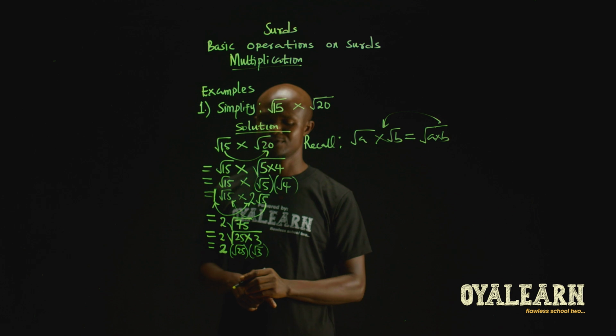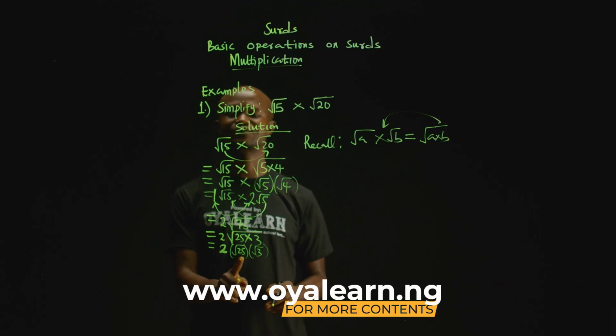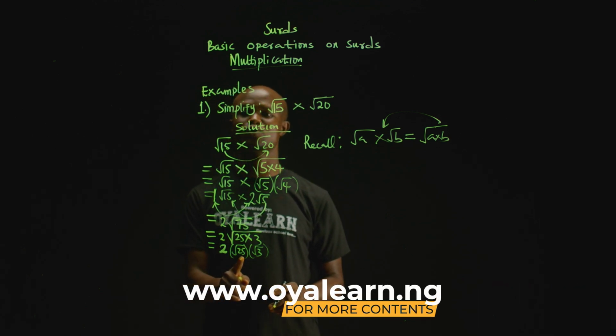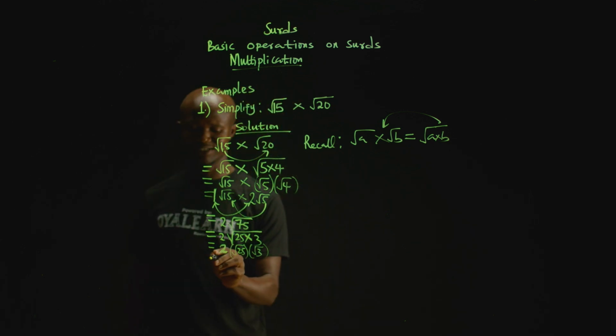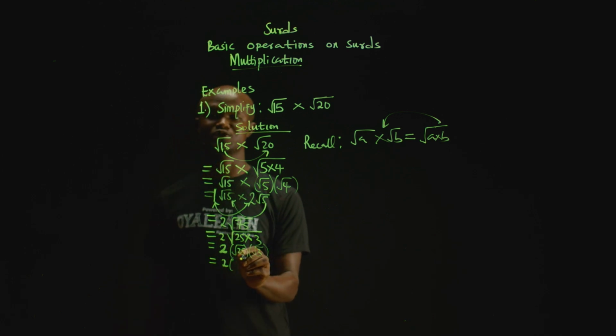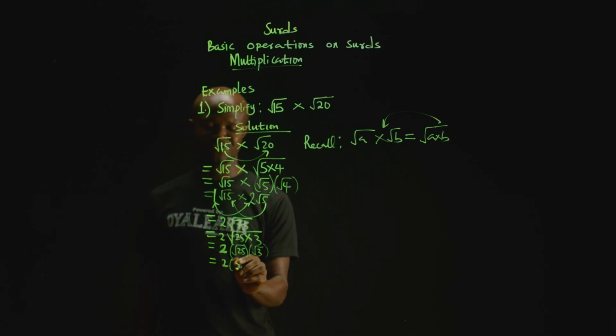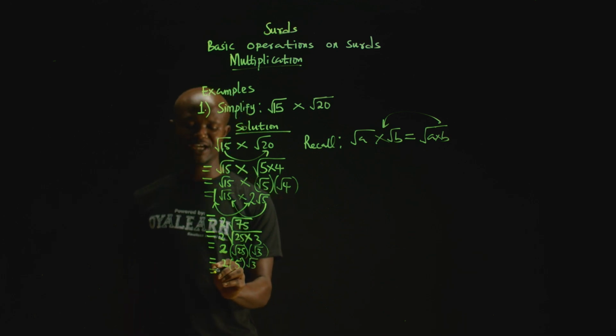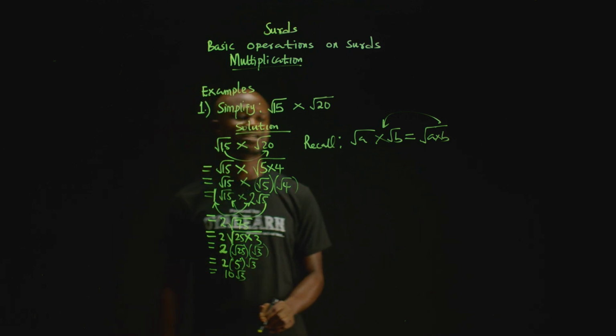So what is root 25? That is 5. So this is like writing 2 into 5, then multiplied by root 3. So what are we having here? This is like 10 root 3. So 10 root 3 is the answer.